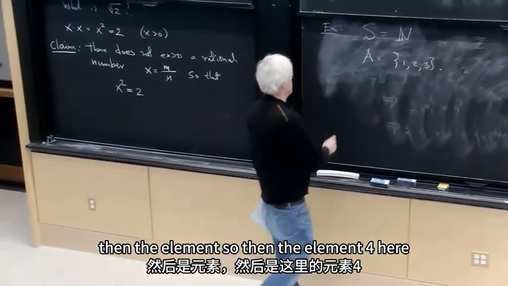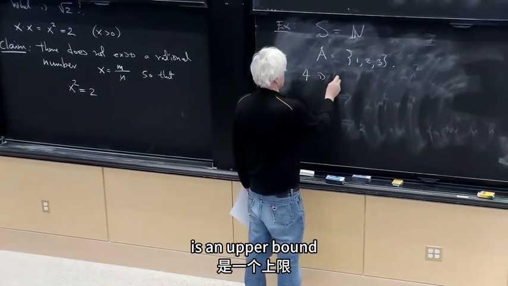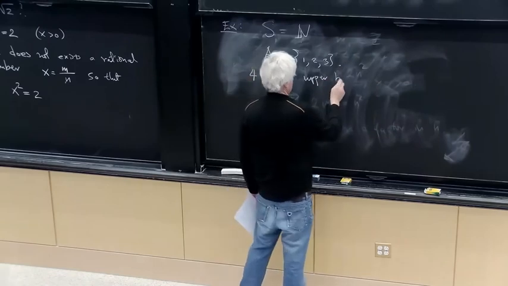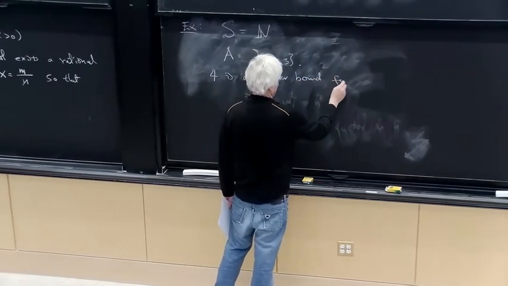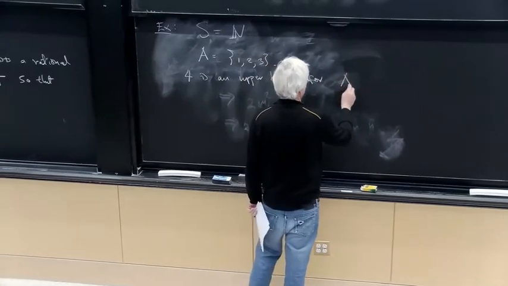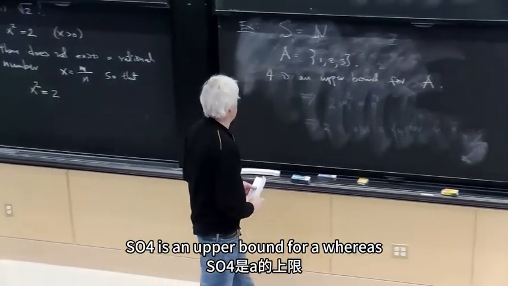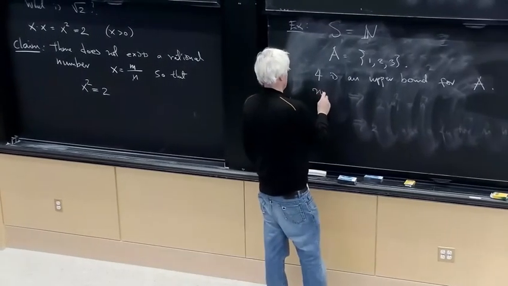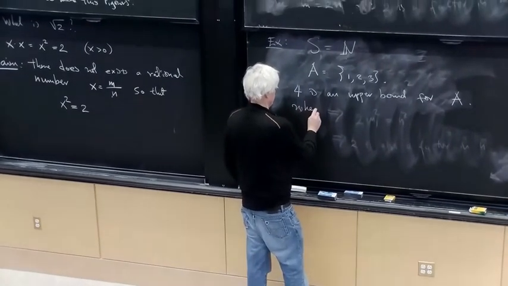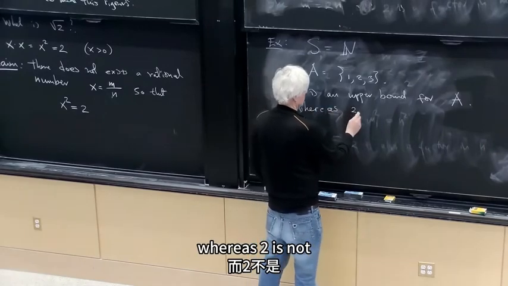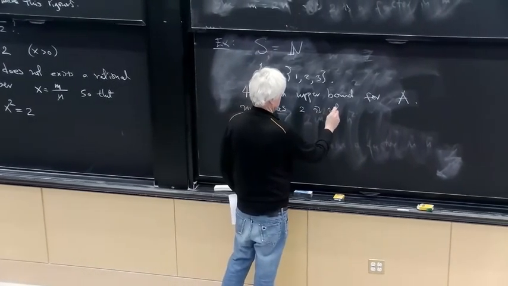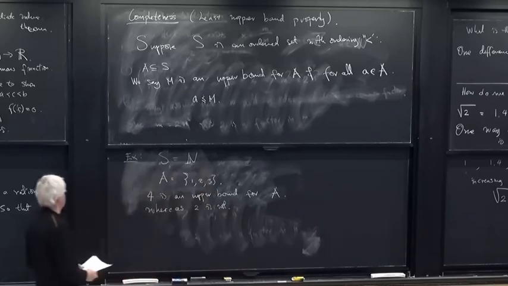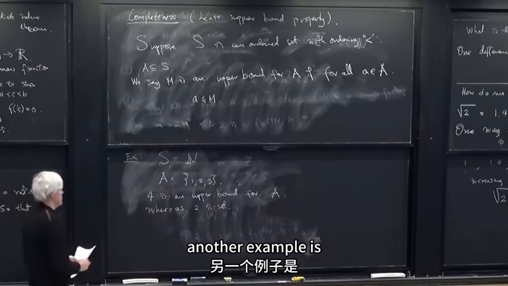Then the element 4 is an upper bound for A, whereas 2 is not. Right? Obviously 3 is bigger than 2, so 2 is not an upper bound.